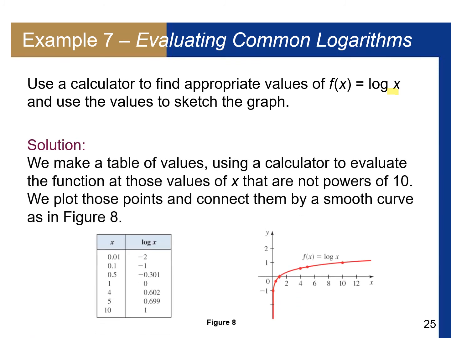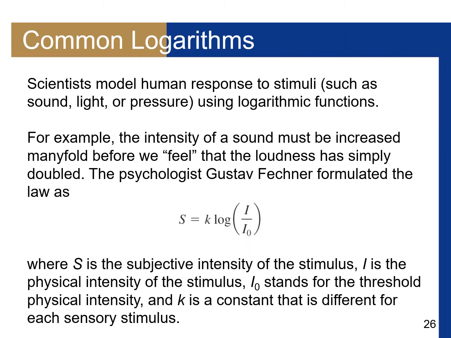So we make a table of values and we can examine it closely here. Now, scientists model human responses to stimuli such as sound, light, pressure using log functions. For example, the intensity of a sound must be increased manyfold before we feel the loudness has simply doubled.